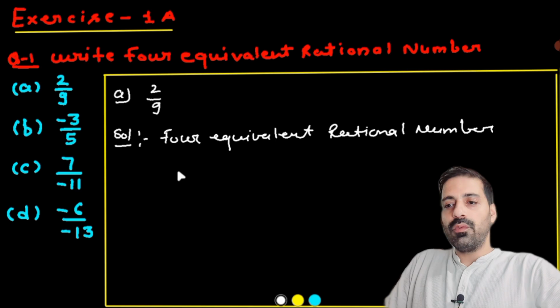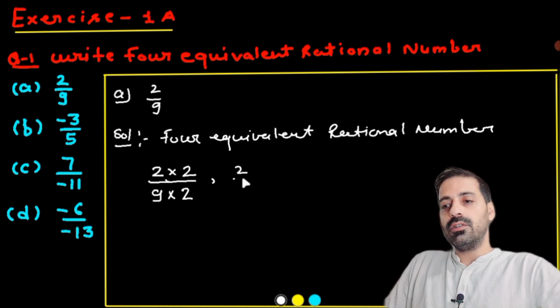So for that what we have to do, beta: for 2 upon 9, I will multiply the numerator by some integer, and whichever integer I use to multiply the numerator, I have to multiply the denominator by the same number. So in the numerator I multiply by 2, so in the denominator I also multiply by 2.